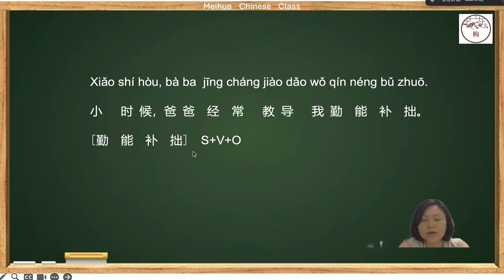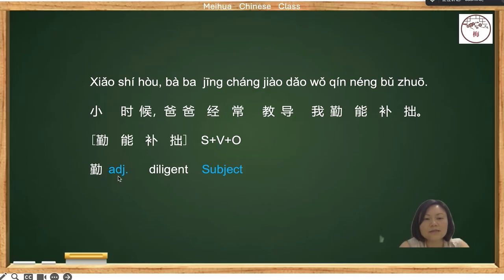Even though it's a big word, it has 4 characters. The word structure for this word is the typical subject, verb, and object structure. Then, which one is the subject part? The first one, of course.